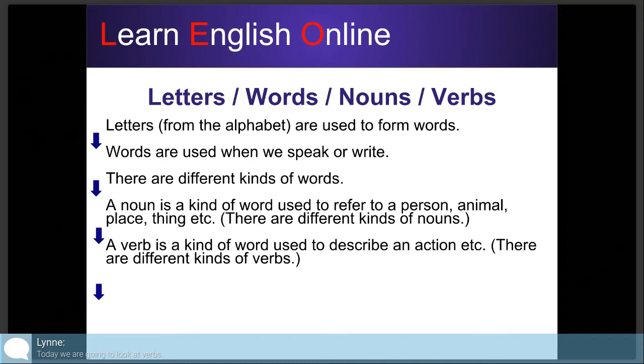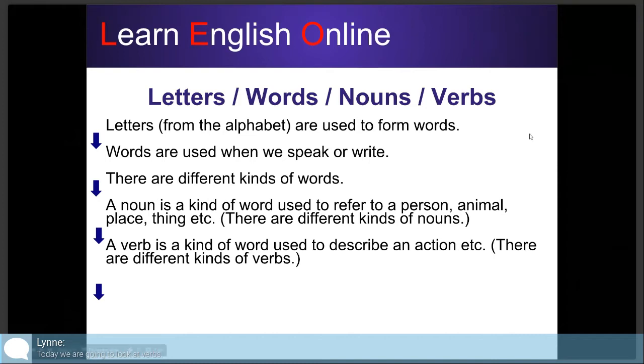But a verb is another kind of word, and it's used to describe an action, among other things, which we will discuss in later sessions. And of course, there are different kinds of verbs. So we've got letters that we put together to form words, and those words can be different kinds of words, like nouns and verbs and other kinds of words.